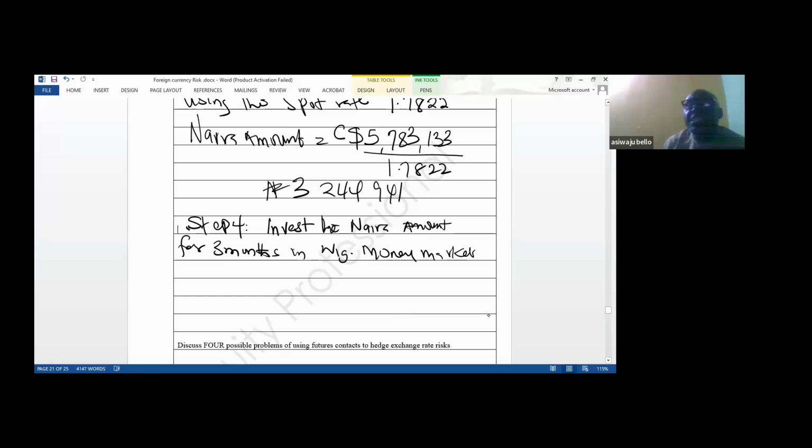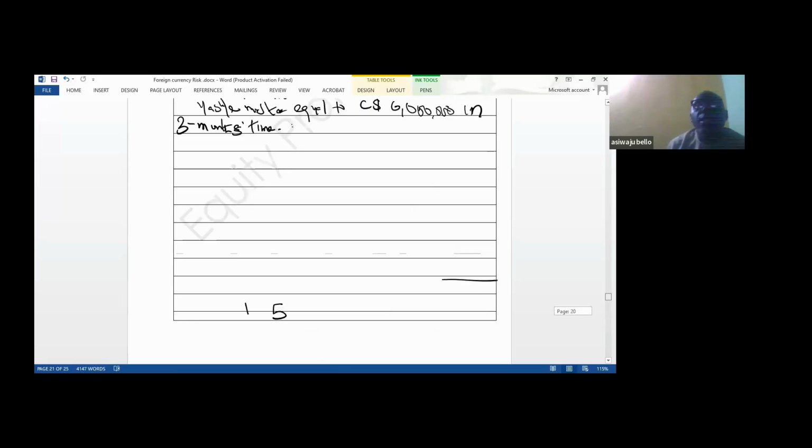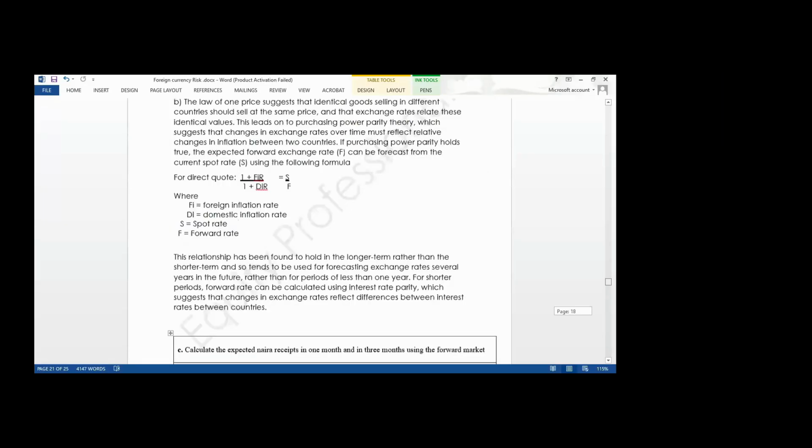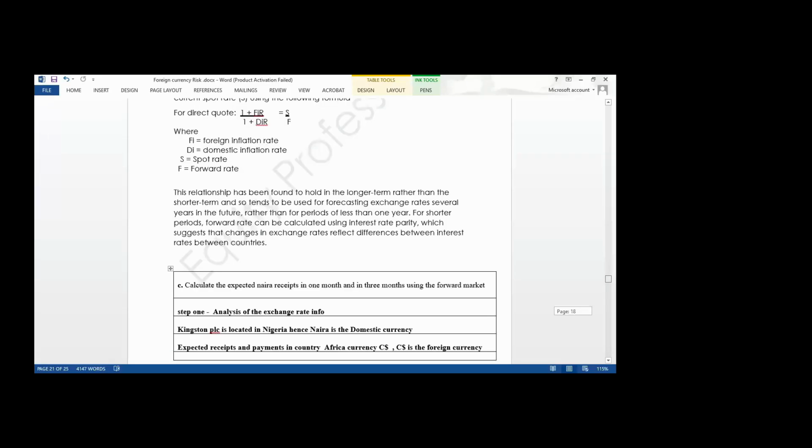What is the deposit rate in Nigeria? Go check. Nine percent.